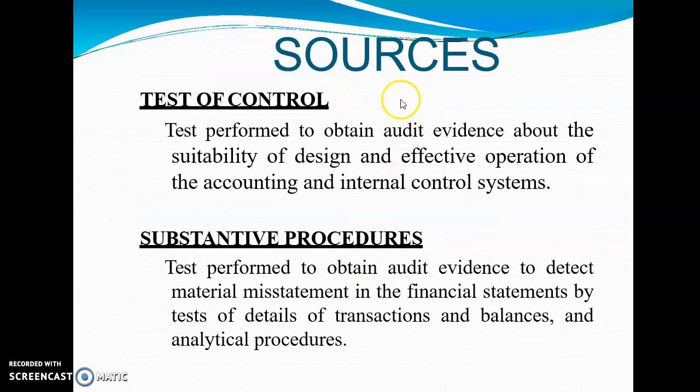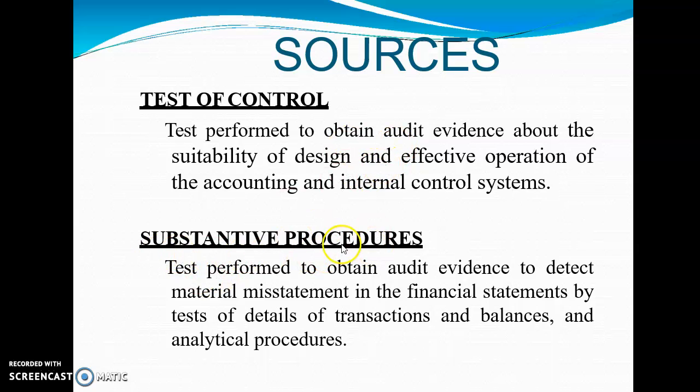So sources of audit evidence, you can determine from the test of control. Test of control is the tests performed to obtain audit evidence about the suitability of design and effective operation of the accounting and internal control system, where you test whether the operations of the client are suitable.